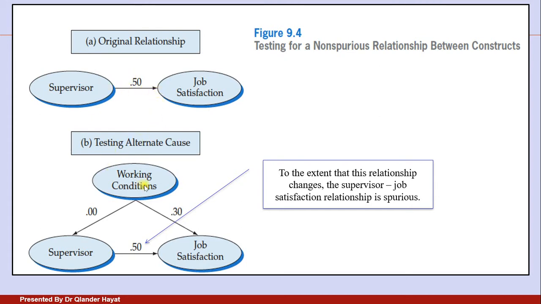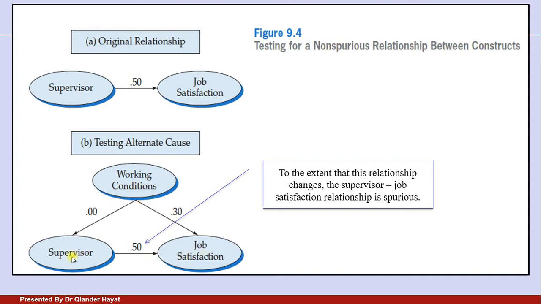Now the other thing is related to non-spurious relationships. We observe that in the relationship of supervisor and job satisfaction there is another important condition, which is working condition or working environment. We found that before supervisor support influences job satisfaction, it influences working conditions, and due to these working conditions, job satisfaction is influenced.